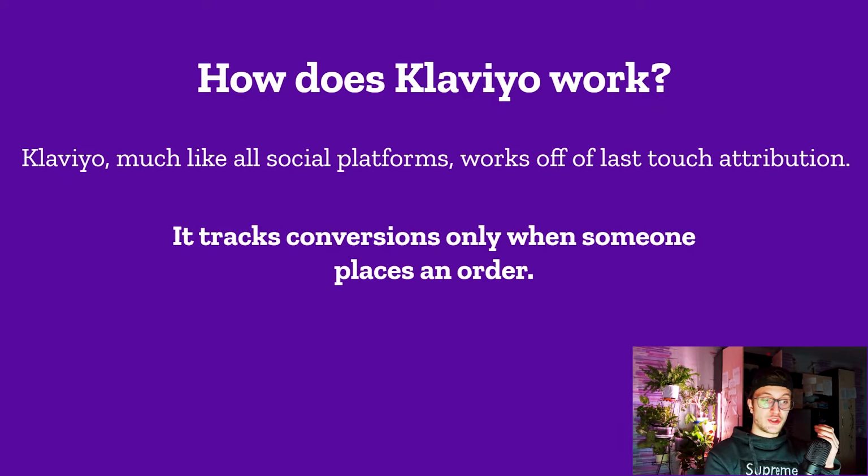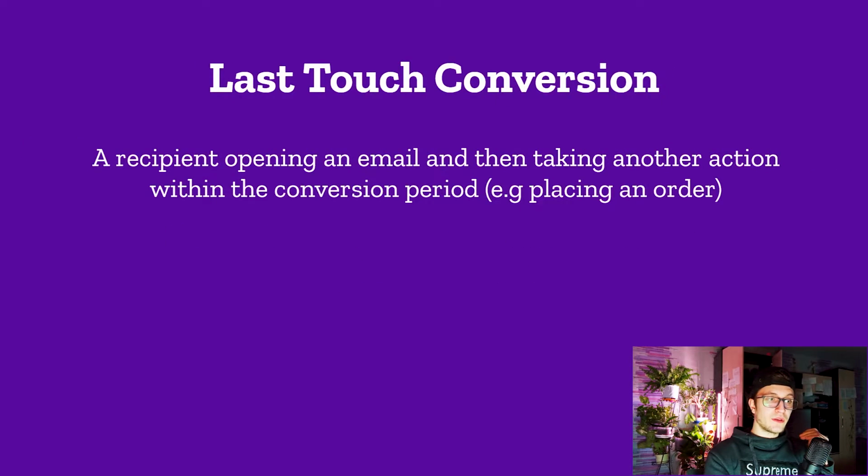Last touch attribution is basically when a recipient opens your email and then takes another action, for example on a different device, and Klaviyo attributes a purchase from the last email touch point.